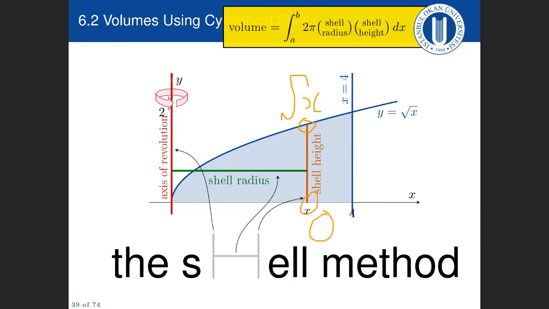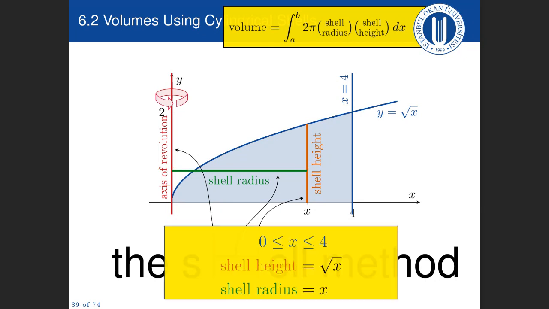The shell height must be root x. And what is the shell radius? I have x on the right hand side and I have 0 on the left. The shell radius must be x. Let me repeat that. x is between 0 and 4. The shell height is root x, and the shell radius is x.